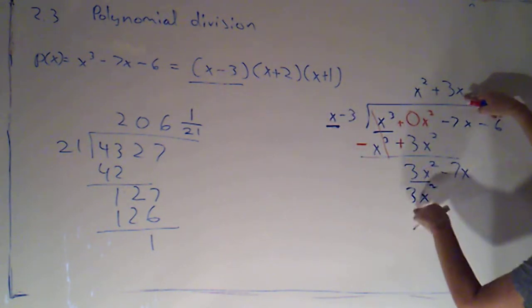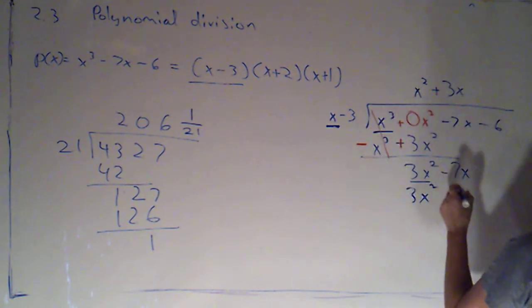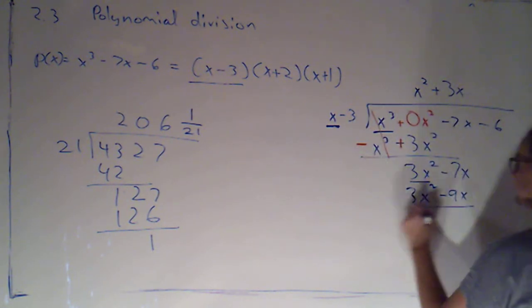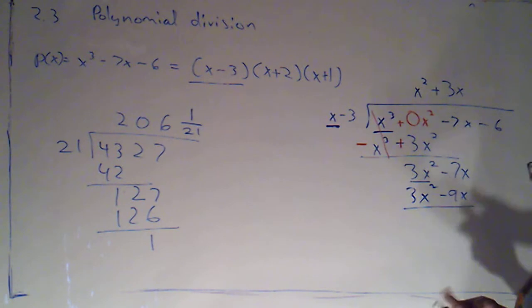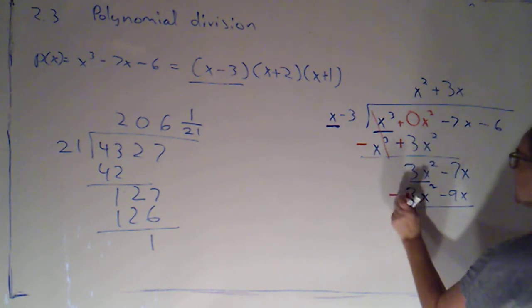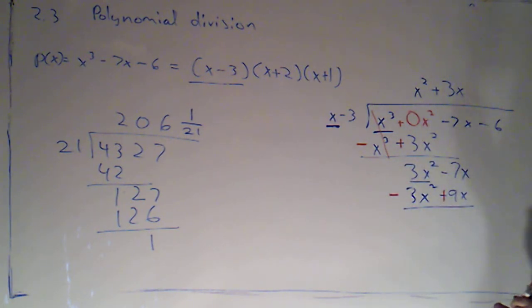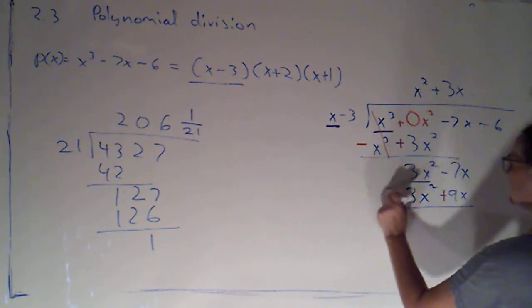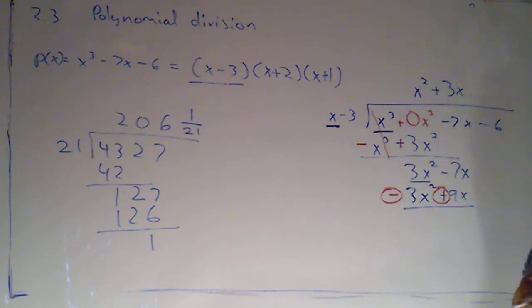That's a perfect match. 3x times negative 3 gives me a negative 9x. Time to subtract. That means we're going to change the sign and add. Now I'm using a different color as I change the sign. When I've just got one color, if I'm just working with a pencil, I'll usually circle the new sign so that I don't get confused about what's what.